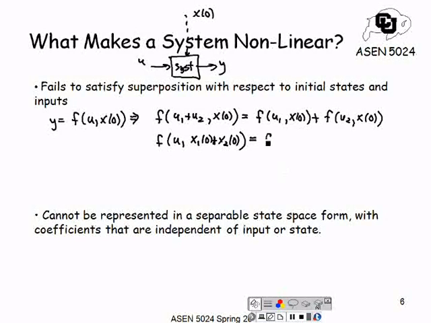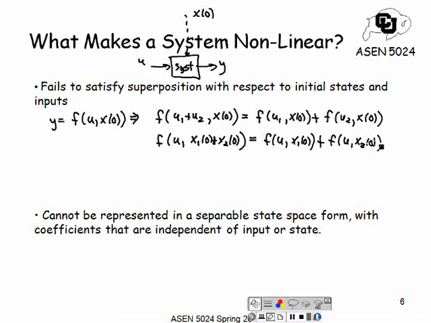F of u of x1 plus f of u of x2. Yep. Again, it's the sum of the effects of the inputs, in this case the initial conditions, applied separately. So if your system behaves like this, it's linear. If it doesn't, it's not.